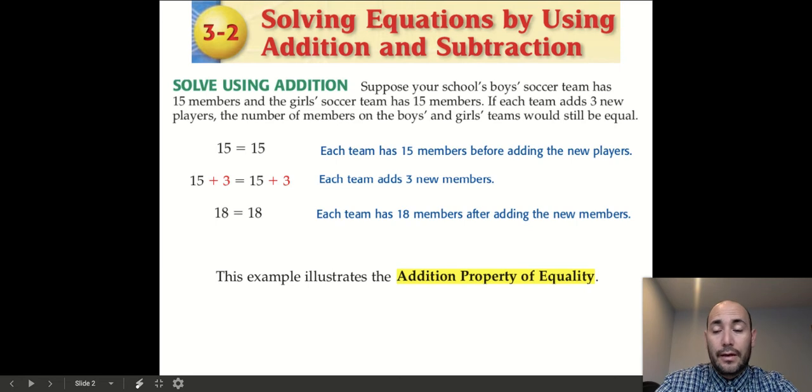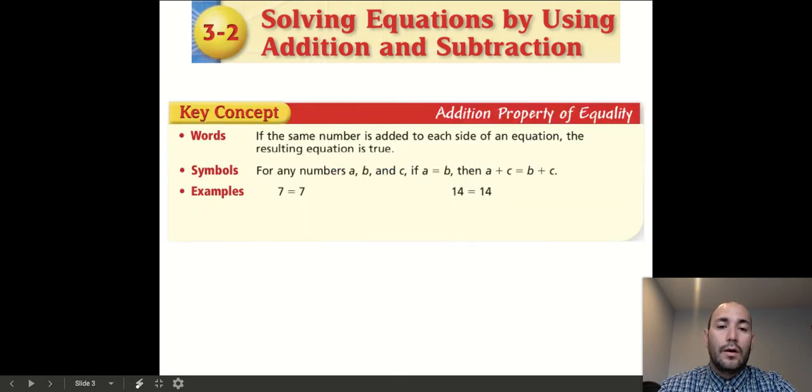And basically, and I'm sure you've heard this before, if you add something to one side of the equation and add the same thing to the other side of the equation, it will remain equal, right? That's the property of equality using addition. So this property of equality, this is our key concept. And basically it just says if the same number is added to each side of an equation, the resulting equation is still true, which we want to do. That's going to help us solve equations.